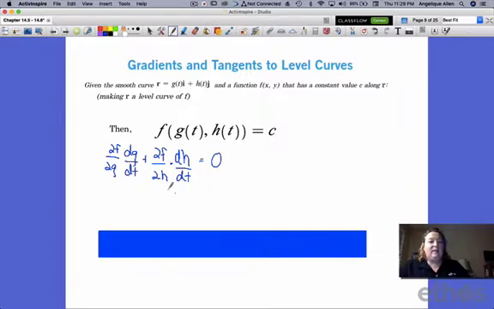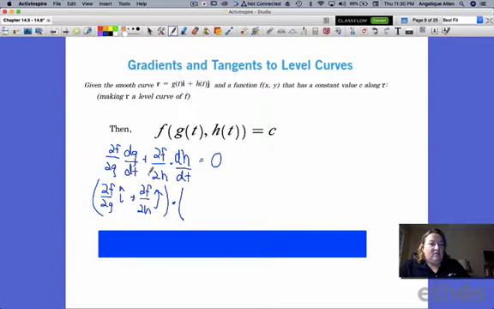So we're going to pull that same little trick and pull these apart into a dot product. So we're going to have the partial derivative of f with respect to g, and the one that goes with it, plus the partial derivative of f with respect to h, and that makes the gradient vector.